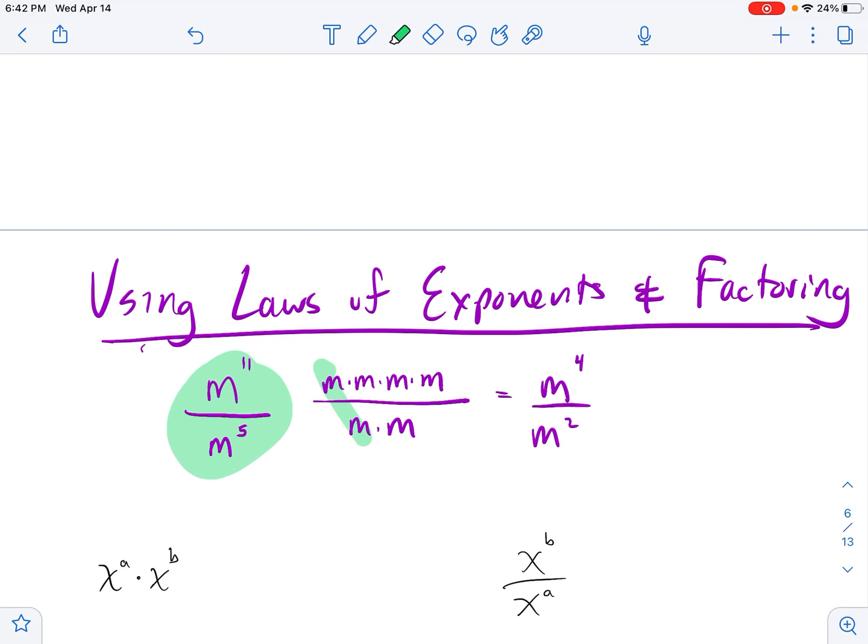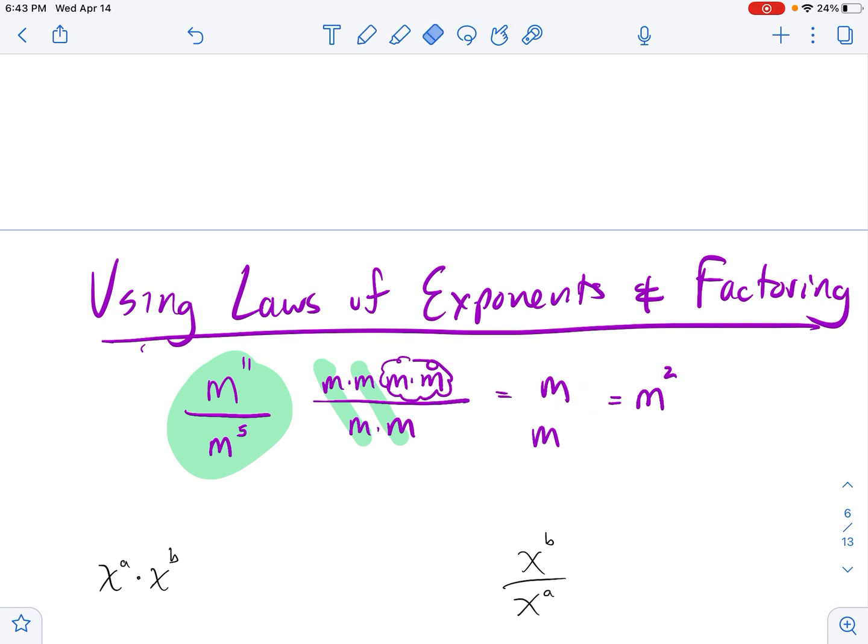And as you can see, if I cancel my m's, because this is all products, because exponents are repeated multiplications, I am left with just 2 m's. So m to the 4th over m squared is just going to end up being m squared, which leads me to think, okay, so am I subtracting these exponents or am I dividing them?